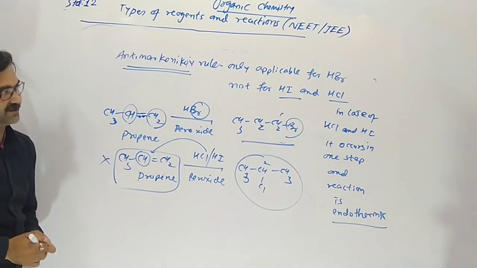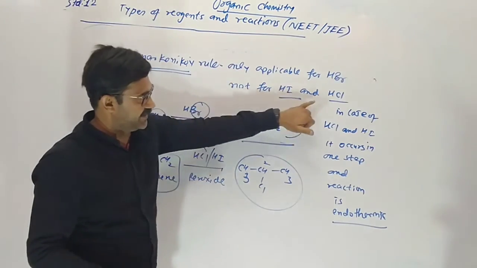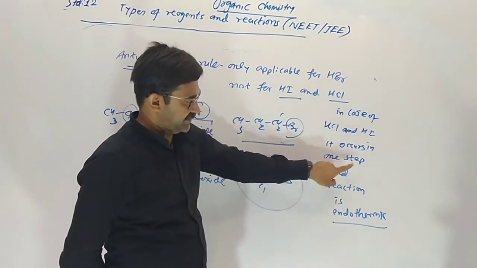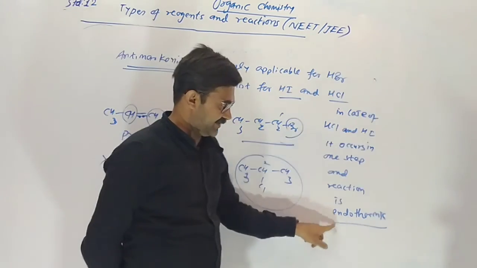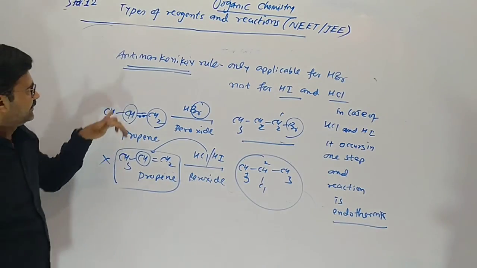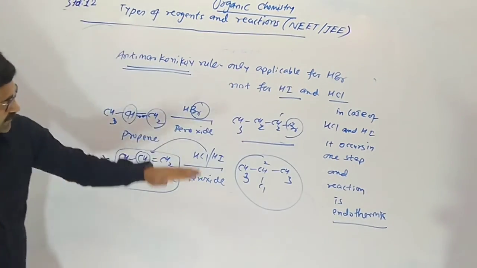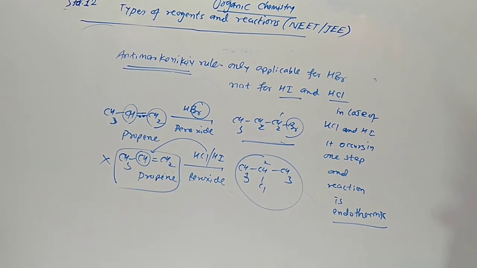If a question is asked why anti-Markovnikov's rule is not applicable for HI and HCl, answer that it occurs in one step and the reaction is endothermic. So anti-Markovnikov is not applicable for HI and HCl, only for HBr. With HBr it occurs in two steps and is exothermic. So it should be more stable.